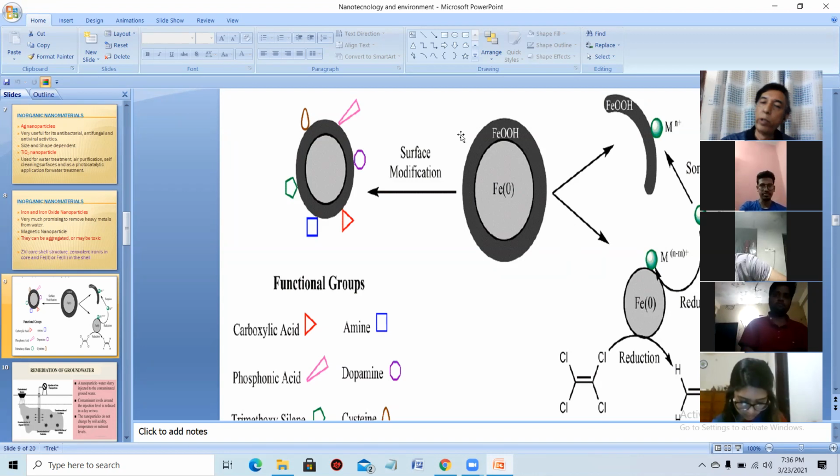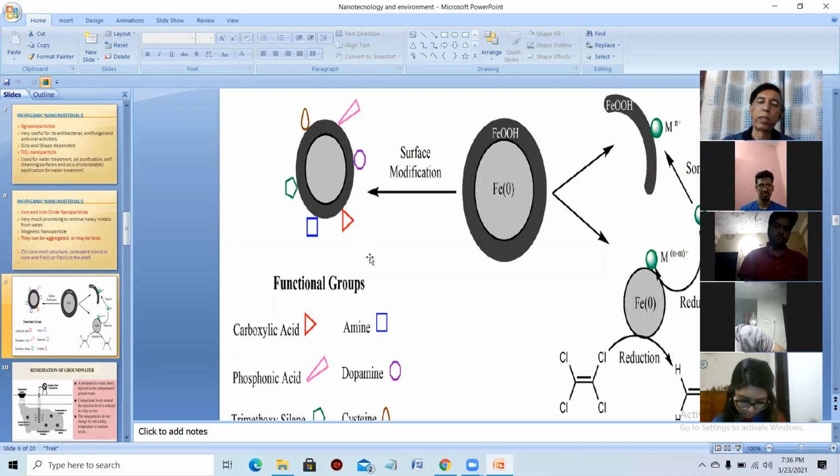Or what you can do, you can graft many functional groups. You can place many functional groups here. You can place carboxylic acid here, you can place amine here.